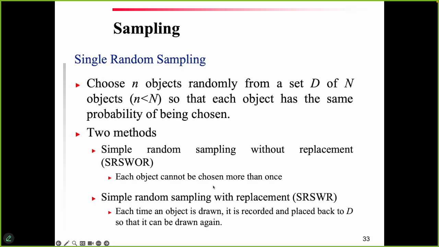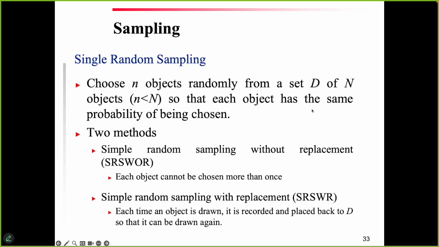And then we discuss each of them in more detail. So with simple random sampling, you just choose an object randomly. If you imagine your data set is of size, for example, n, then of course the subset that you select should be less than n, right?